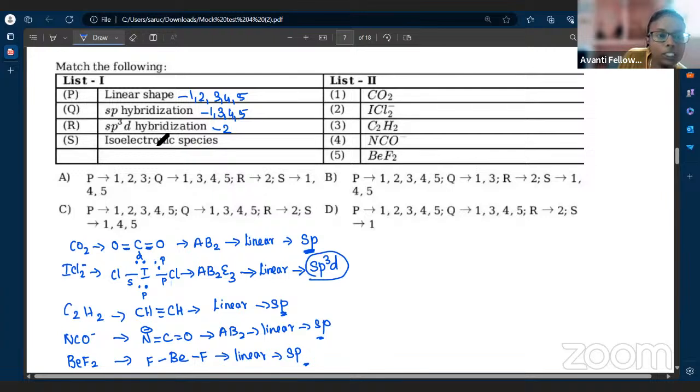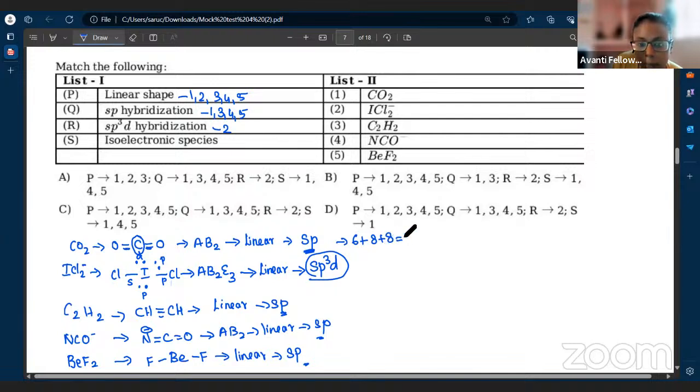The second one. So which among the 5 are an isoelectronic series? What is meant by isoelectronic? Same number of electrons. Very good. So when I take CO2, the number of electrons on carbon is 6, and on oxygen 8 plus 8, so 16 plus 6.